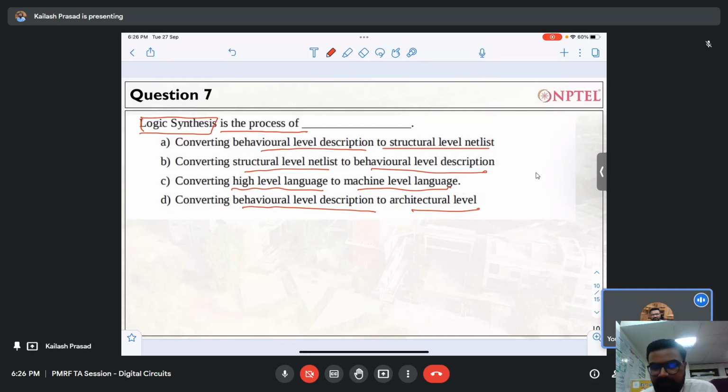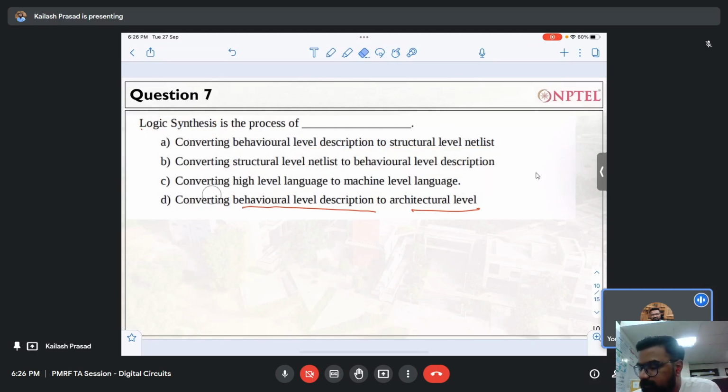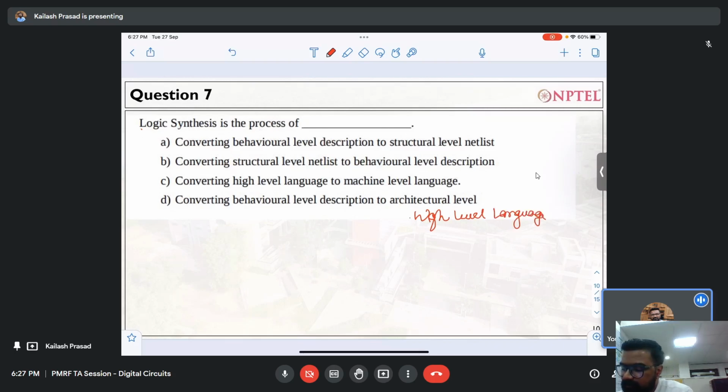Okay, anybody else? Let me first tell you a couple of levels, and then you will understand what the process of synthesis is doing, because all of these are new to you. The top level is what we call high level language, which will be C, Python, everything like that.